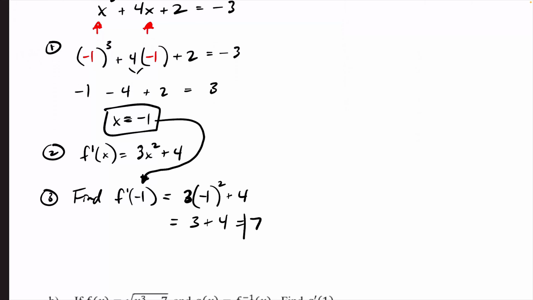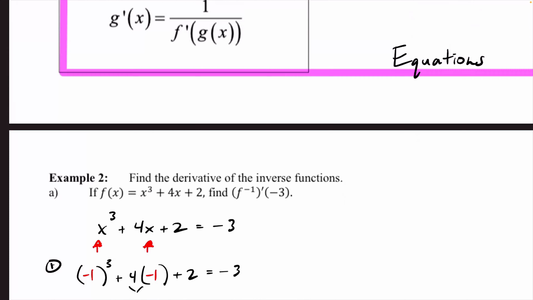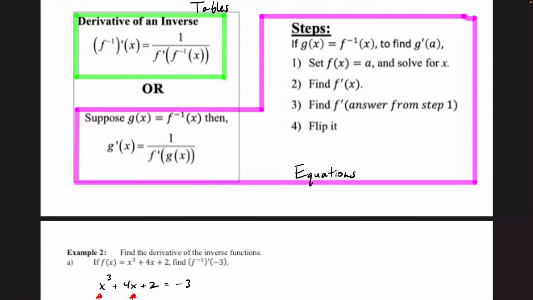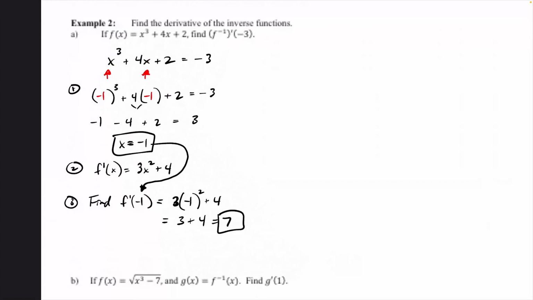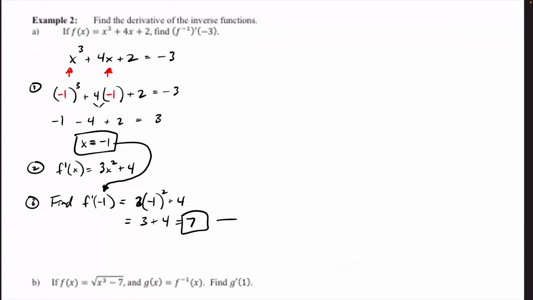That was step 3. Step 4, flip it. What would 7 be flipped? 1 over 7. That's our answer.